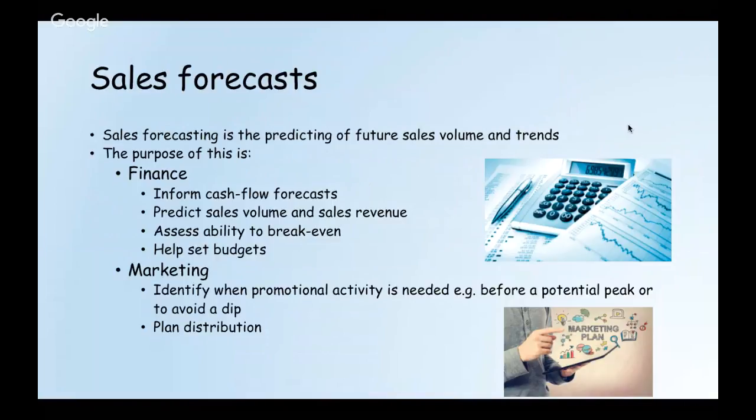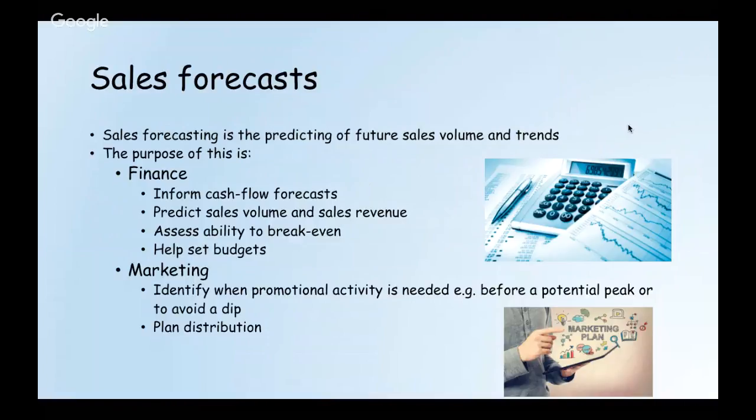Sales forecasts are also of interest to the marketing department. So they help us to identify when a promotional activity is needed before a potential peak or to avoid a dip. So for example, Coca-Cola every year produce a big advertising campaign around Christmas time during the winter when their sales are particularly poor.